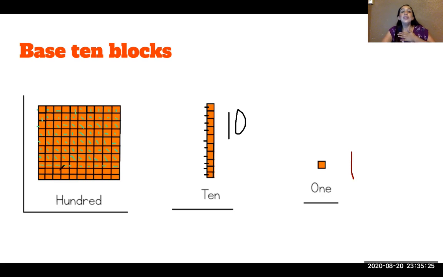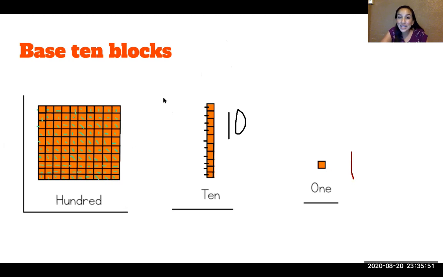Deep breath. 81 up to 90, and 91, 92, 93, 94, 95, 96, 97, 98, 99, and 100.